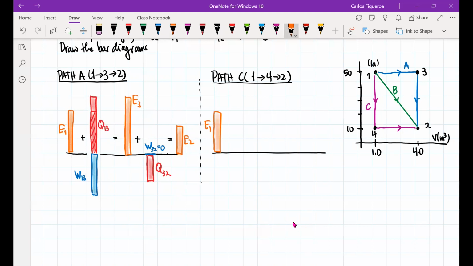But now look what happens. As I go down, there is no work for path C. So right away I could see that the work from 1 to 4 is 0. But I know I have to decrease my internal energy because it's going to a lower pressure at the same volume, so the microscopic kinetic energy has decreased. So I'm going to decrease it.